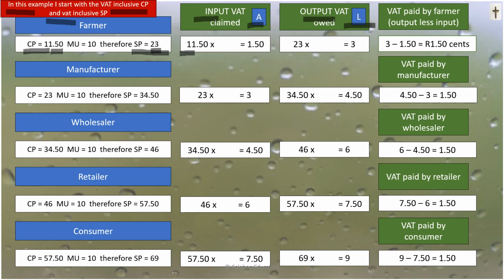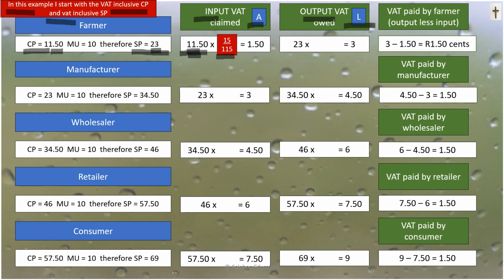So what we've been given is R11.50 including VAT. An invoice was received by the farmer, by suppliers, and the total including VAT was R11.50. Now the way to calculate input VAT, when an amount has inclusive VAT, we multiply the amount by the VAT fraction.